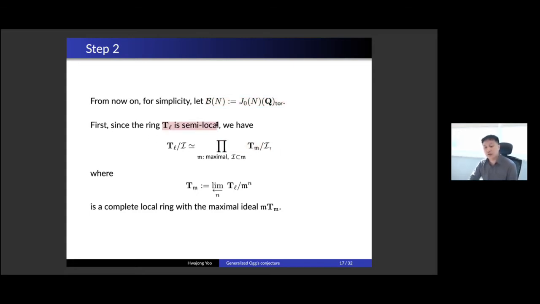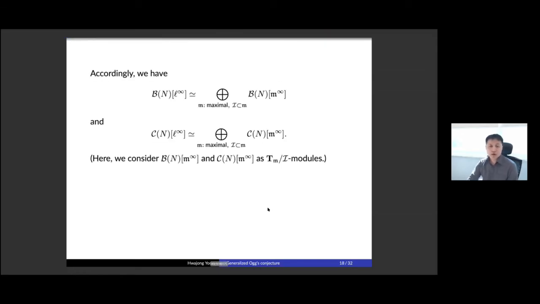Since this T_L is semi-local, we have T_L mod I is the product of T_M mod I, where T_M is the completion of T_L with respect to M. Accordingly, we can decompose each module: this is the M-primary part of B_N, and this is the M-primary part of C_N. So if we prove each M-primary part is equal, then these two groups are equal.